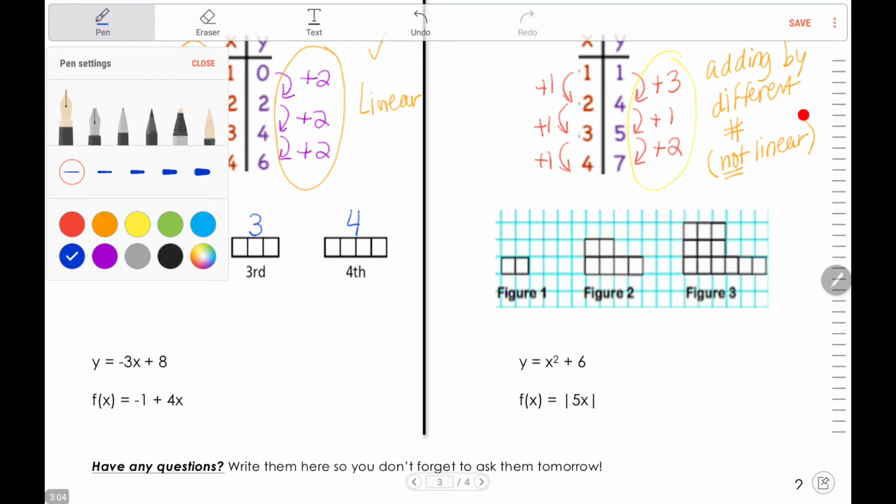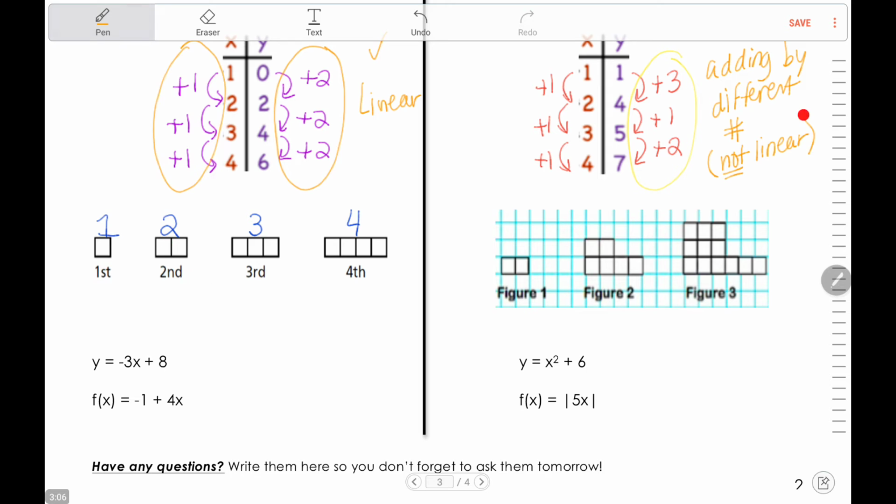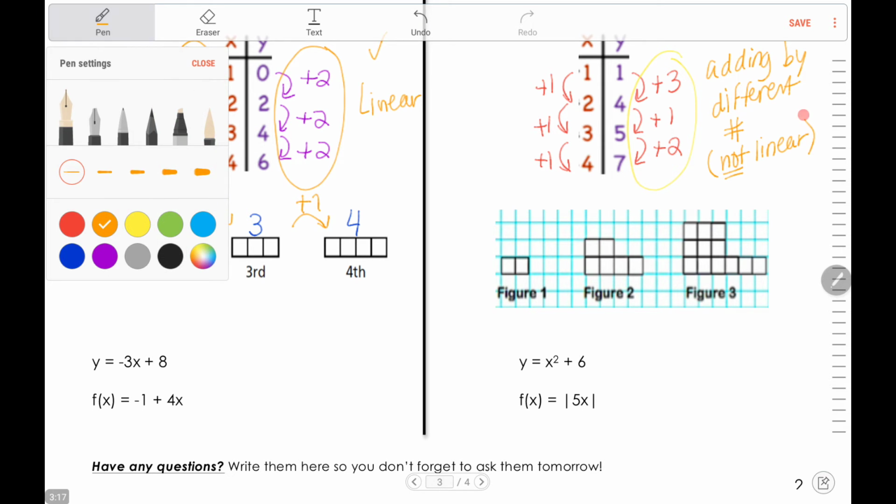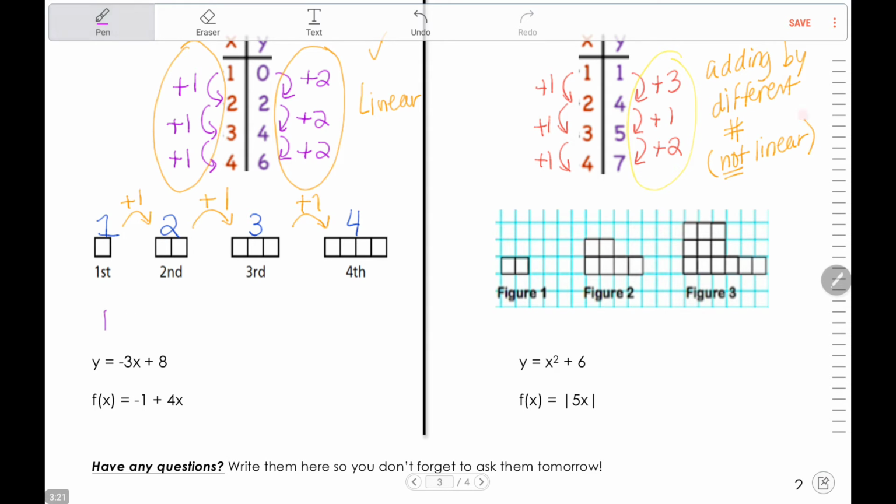And what's happening as this pattern is increasing is it's going up by 1. 1 to 2 is plus 1, 2 to 3 is plus 1, 3 to 4 is plus 1. Because it's going up by the same amount, it is linear. Adding by the same number each time.